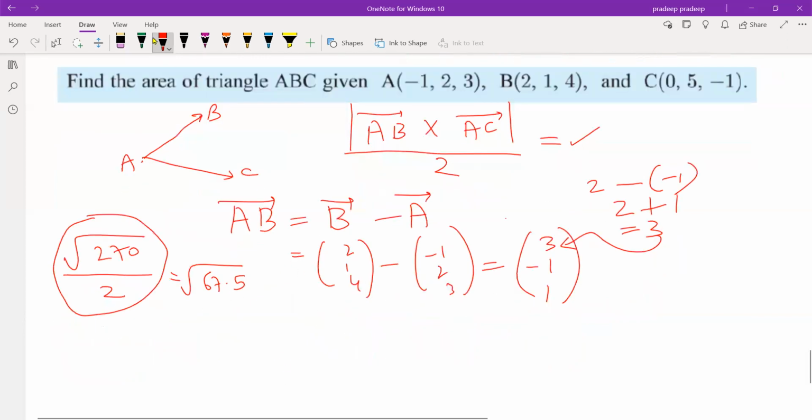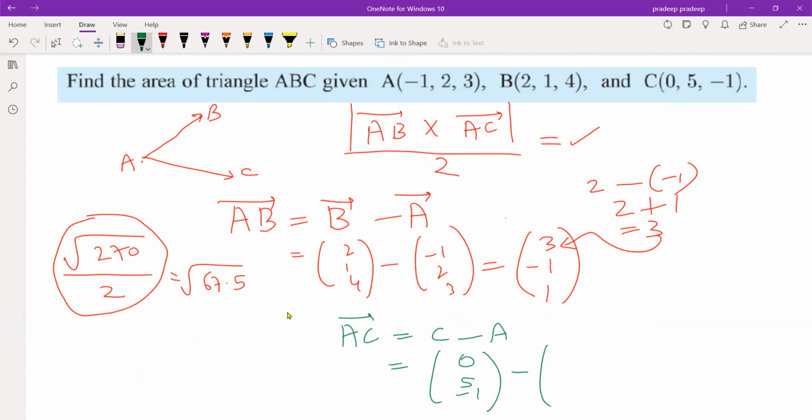In the meantime, let me just write it down and then all of you can cross check. So AB and then AC. Let's find what AC is, which is C minus A. C is 0, 5, minus 1, minus 1, 2, and 3. Let's see what we get: 1, 3, and then minus 4.